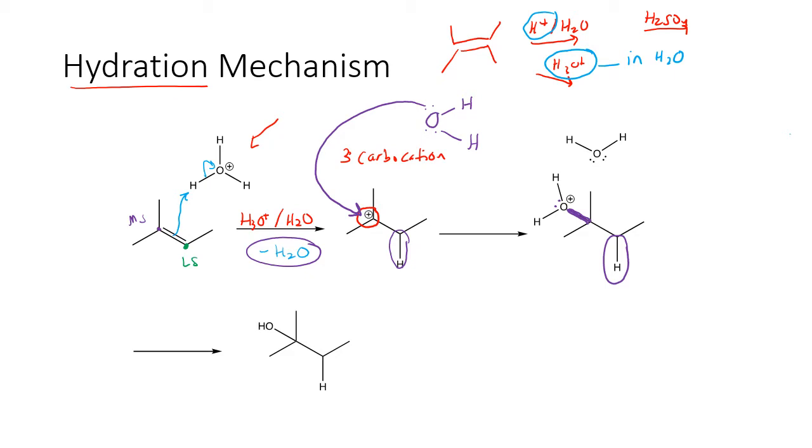So water, we learned, is amphoteric. So that means it can function as an acid or a base, depending upon who it's reacting with. In this case, the water is going to function as a base and abstract an acidic proton from this oxonium ion.